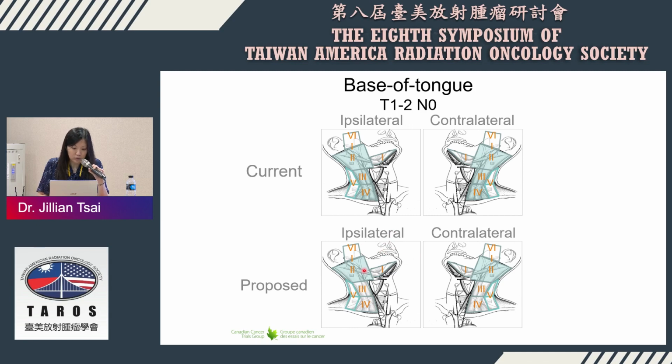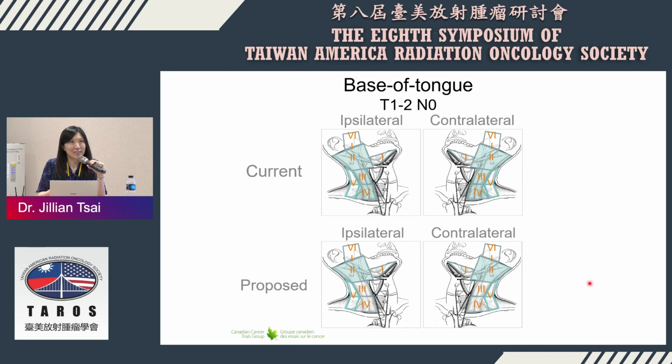However, if you don't see any lymph nodes in the T1, T2, N0 patient, do you need to treat the whole lymph node chain from 2 to 4 if the imaging is negative? So there are current trials looking at just treating level 2. If that's clinically N0 by PET or CT or MRI, then perhaps you just only need to treat the primary and one level of lymph node.